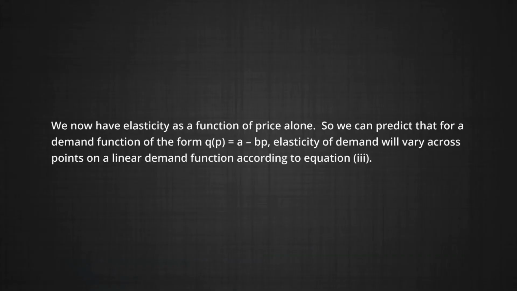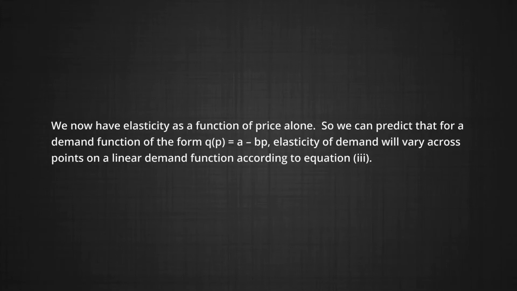All that we have done here is to substitute minus B for the slope, which is change in quantity divided by change in price, in the first term. In the second term, we have substituted the value of Q from the equation of the straight line. We now have elasticity as a function of price alone.